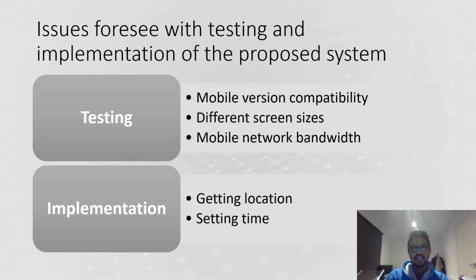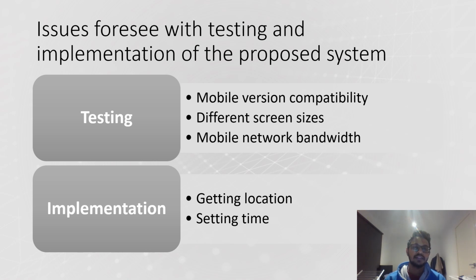In the last slide, I have shown the issues foreseen with the testing and implementation of the proposed system. In the testing period, we would have to face a few issues, such as mobile version compatibility.